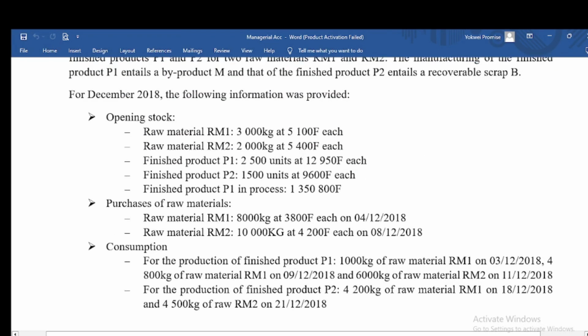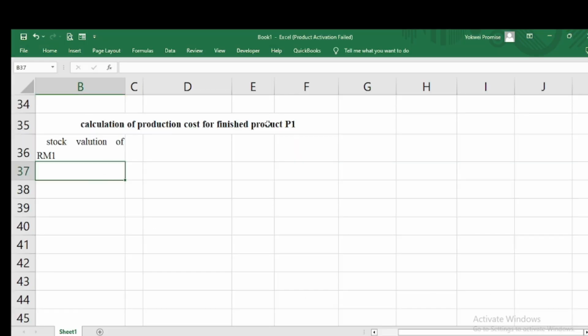Alright. So please, since you have seen what is happening, let me get back to my sheet. So raw material M1. We do for both, please. Stock valuation for both. Alright, I have elements, quantity, unit price, amount.